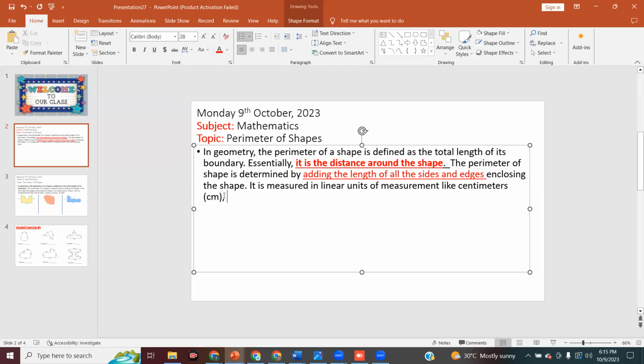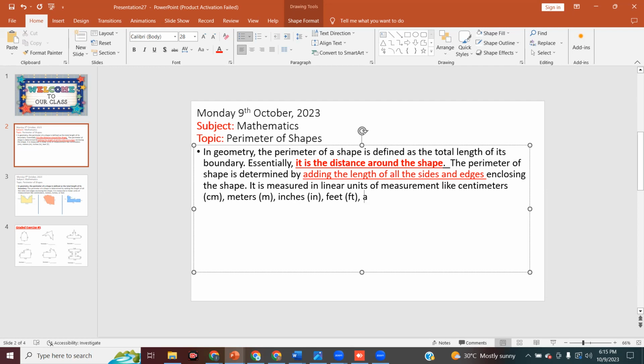How about meters? What is the abbreviation for meters? M. Very good. What is the abbreviation for inches? IN. IN, very good. And feet? FT. Very good.